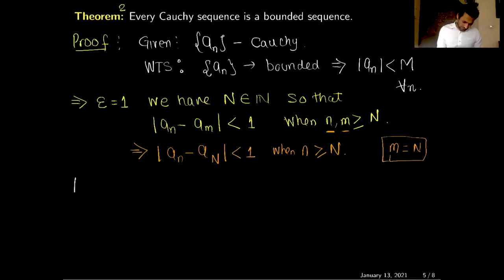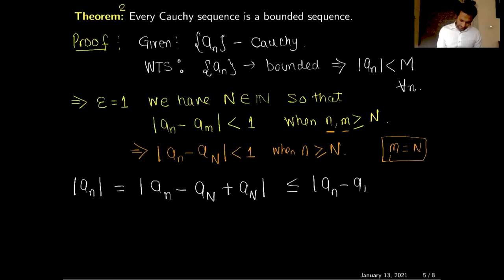Now I need to compute the a_n term, and I need to show that this term is bounded. So I will do some manipulation. I'm going to calculate a_n, subtracting and adding the capital N term, and I will use the triangle inequality to have a_n minus a_N plus a_N.